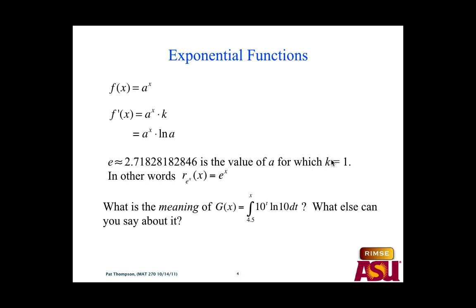So I want to compare the beginning, 4.5, to the end, x, and figure out the net change. So it'd be 10 to the x, final, minus 10 to the 4.5, initial. And that's it. So we could talk about the meaning of this, or we could also compute an expression for a function. This is the accumulation between 4.5 and x due to this rate: 10 to the x minus 10 to the 4.5, final minus initial, for anything that has this as its rate function.